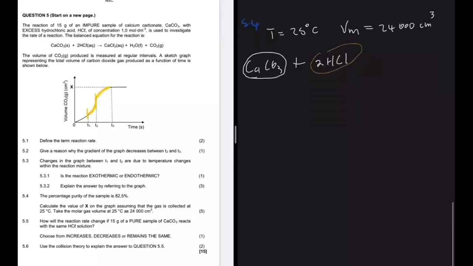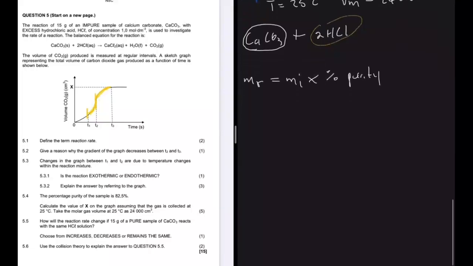So we're going to start by calculating the number of moles of calcium carbonate, because we have the mass, right, and the percentage purity. So the first thing we're going to do, we're going to say that the mass that reacted is equal to the initial mass multiplied by the percentage purity, right?